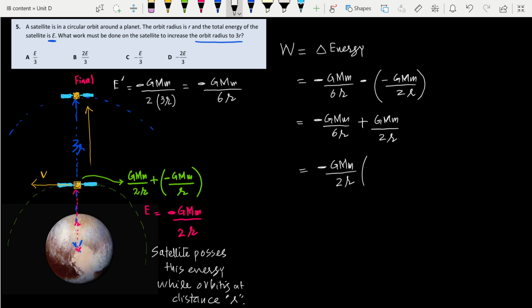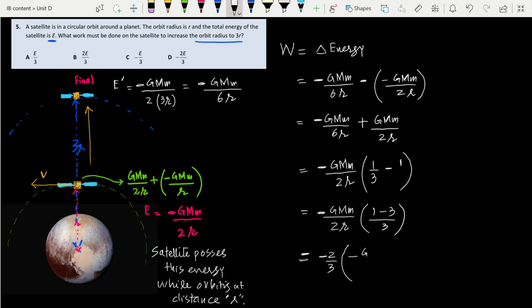So inside we have 1 over 3 minus 1, which you can further solve. This will be 1 minus 3 over 3, so that's negative 2 over 3. And negative 2 over 3 inside, times negative GMm over 2r.